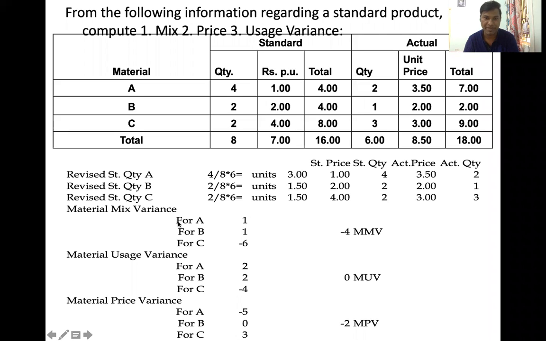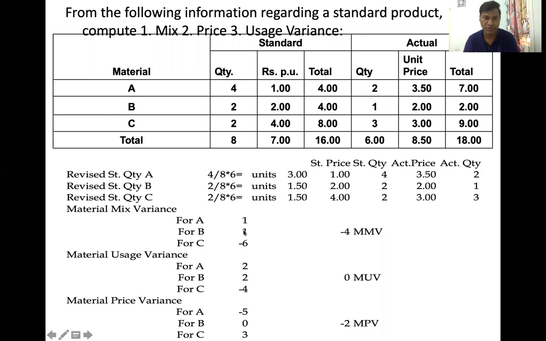This is for material A. And do the same for material B. Revised standard quantity 1.5 and actual quantity 1, so 1.5 minus 1 multiplied with standard price 2. So 0.5 into 2, that is 1.